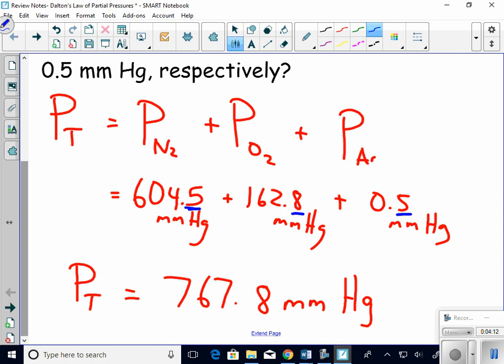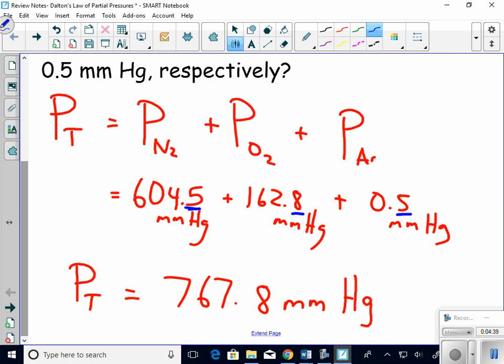How do we, in our system here in the United States, how do we measure pressure? We use inches of mercury. If I'm checking my tire pressure in my car, any idea what that is?